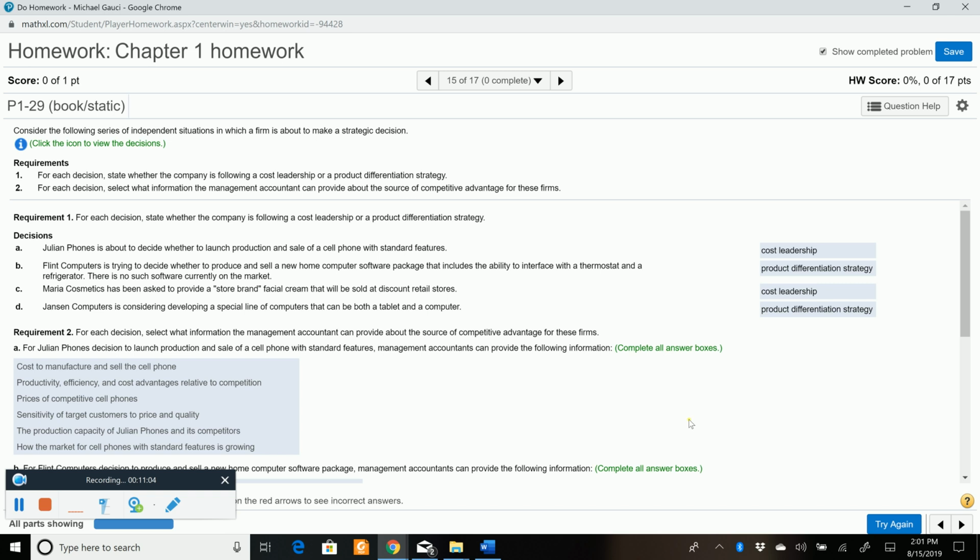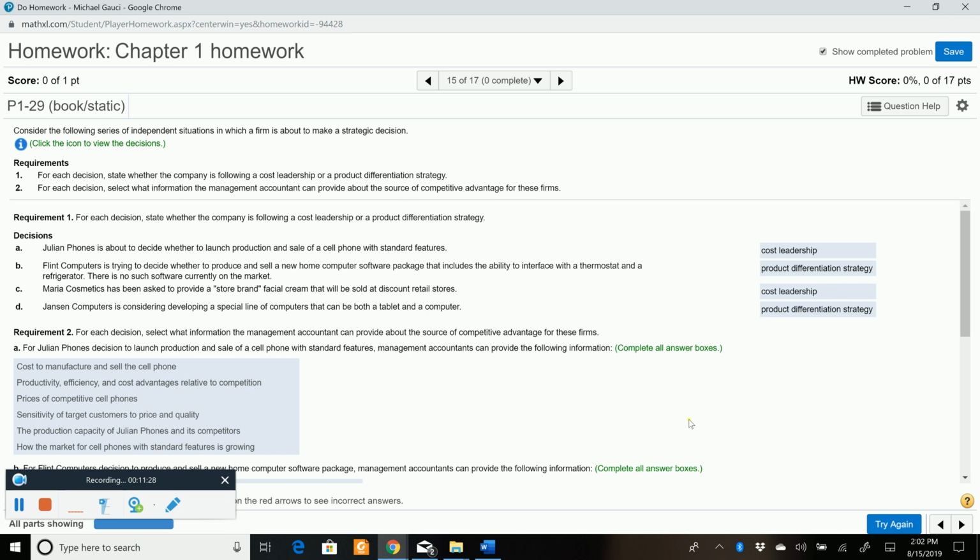Letter B. Flint Computers is trying to decide whether to produce and sell a new home computer software package that includes the ability to interface with a thermostat and a refrigerator. And here's the key sentence: there is no such software currently on the market.